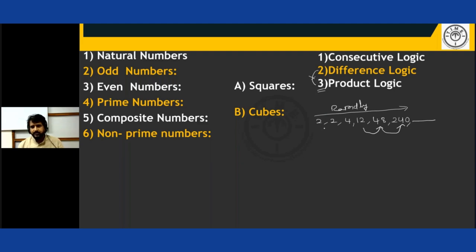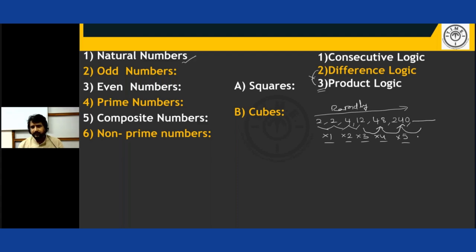Now, by which numbers is it getting multiplied? Let's check it. 2 ones are 2, 2 twos are 4. It goes exactly 2 times. 4 and 12, it goes exactly 3 times. 12 and 48, 4 times. 48 and 240, 5 times. Again, here comes the pattern. What are these numbers? 1, 2, 3, 4, 5, natural numbers.